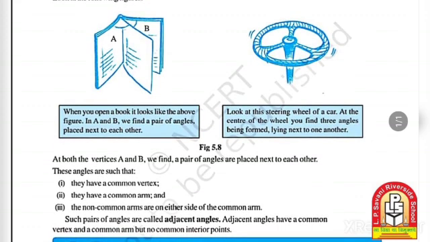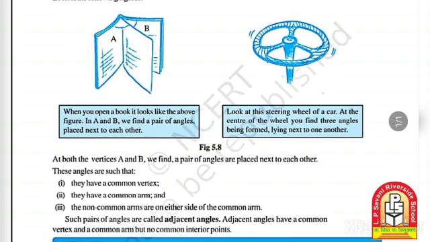At both the vertices A and B, we find a pair of angles placed next to each other. These angles have, first, a common vertex. So here you can see that they have a common vertex.